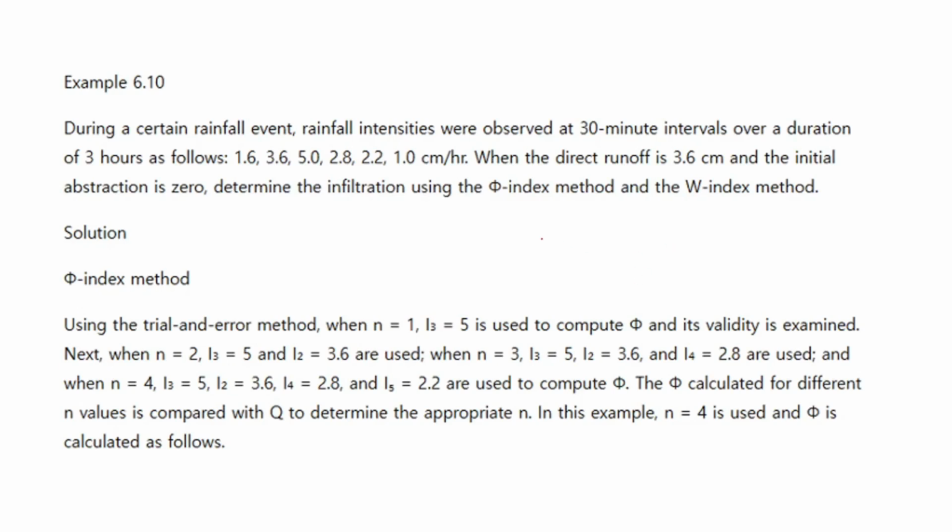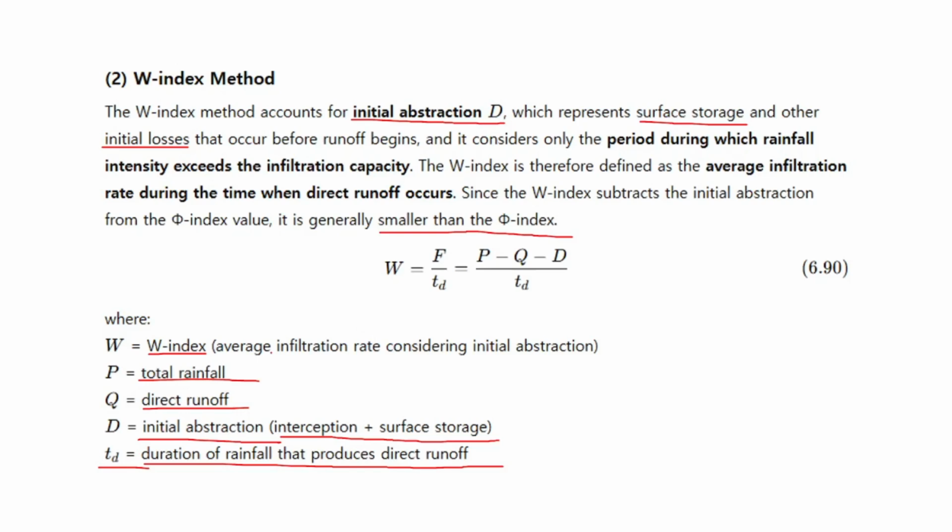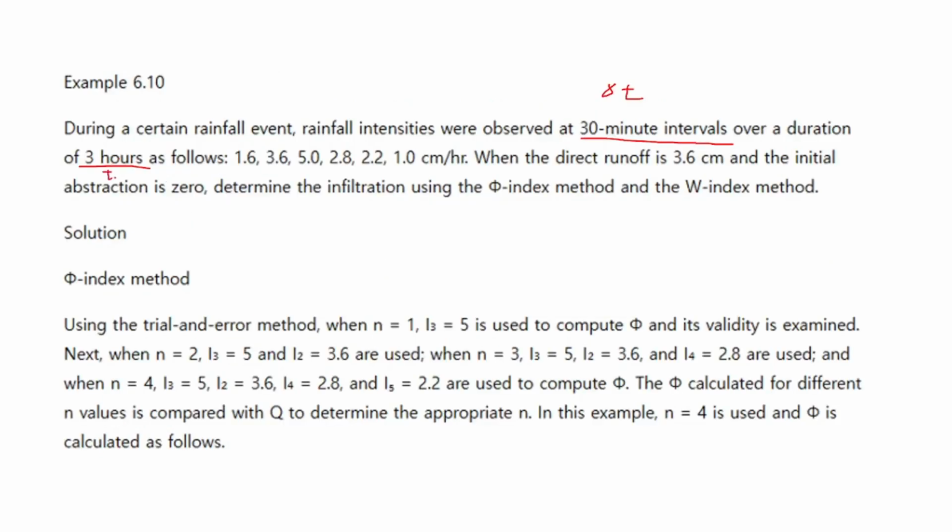Example 6.10. During a certain rainfall event, rainfall intensities were observed at 30-minute intervals. So that's delta T. Over a duration of 3 hours, the duration will be T sub D, as follows: 1.6, 3.6, 5.0, 2.8, 2.2, 1.0 centimeter per hour.